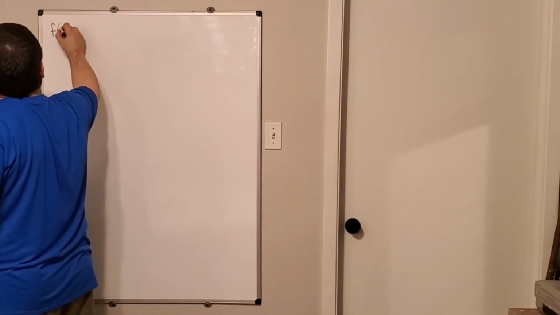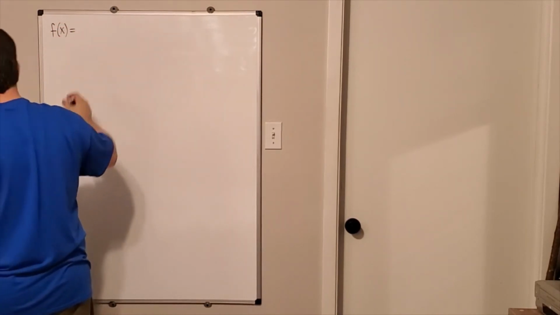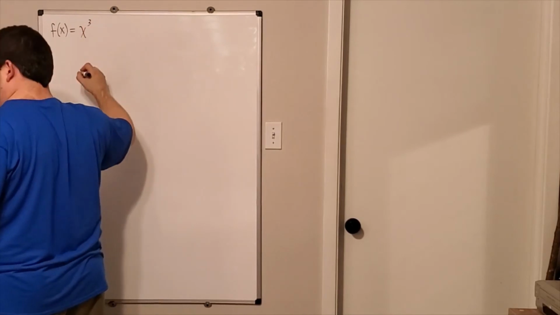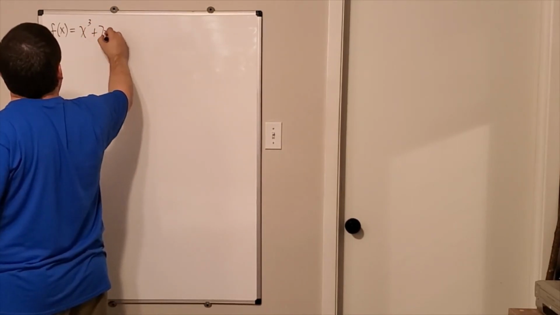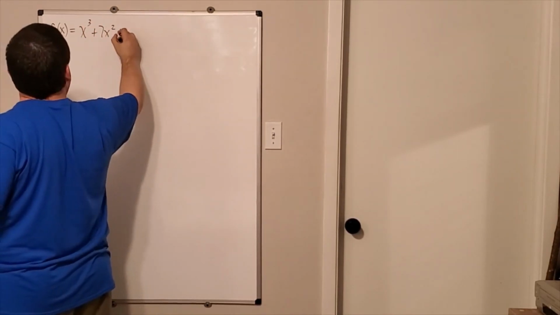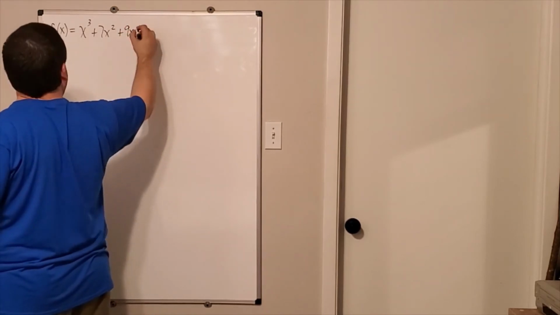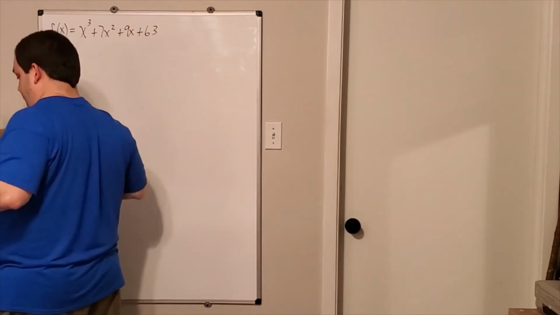F of x is equal to x cubed plus 7x squared plus 9x plus 63. All right?